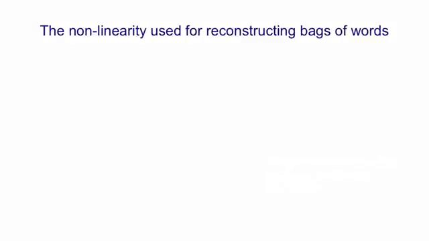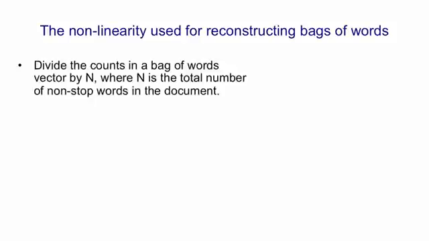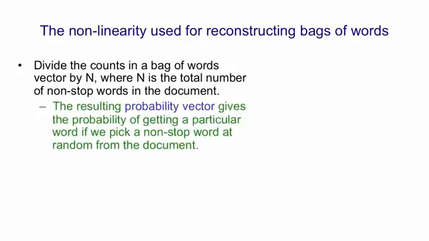So there's one problem with this, which is word counts aren't quite the same as pixels or real values. What we do is we divide the counts in a bag of words by the total number of non-stop words, and that converts the vector of counts into a probability vector, where the numbers add up to 1.